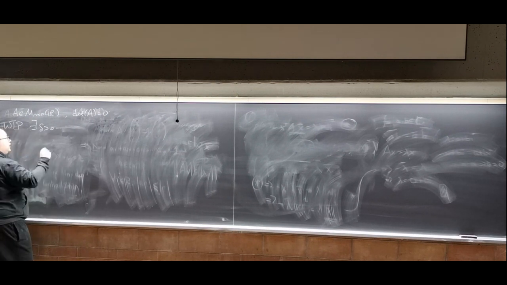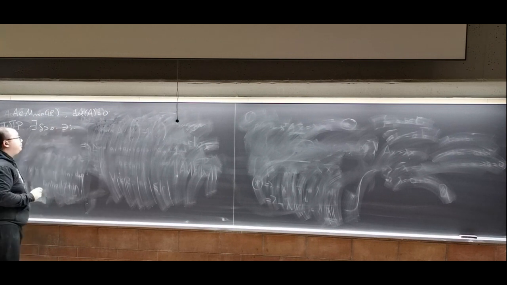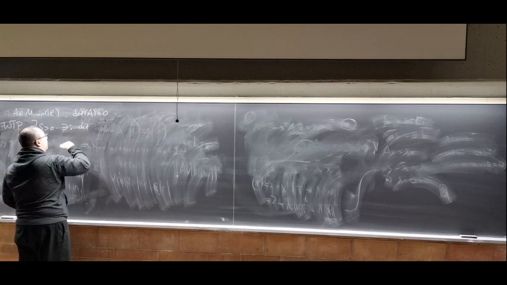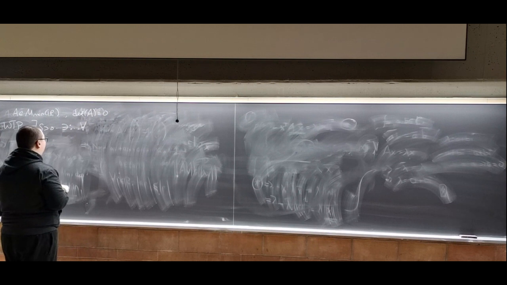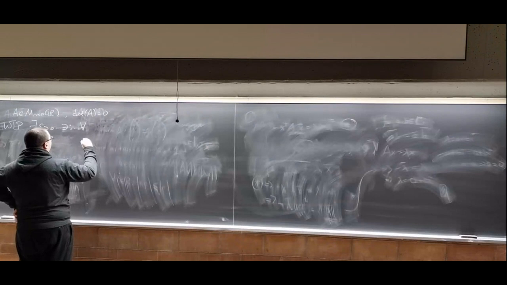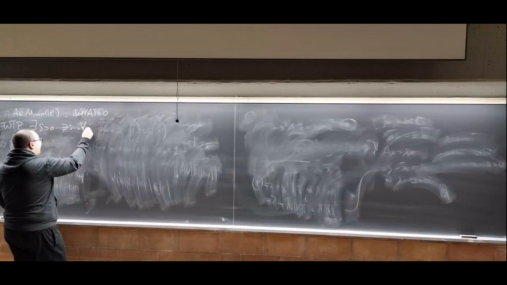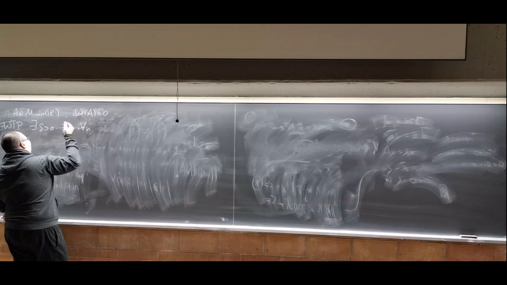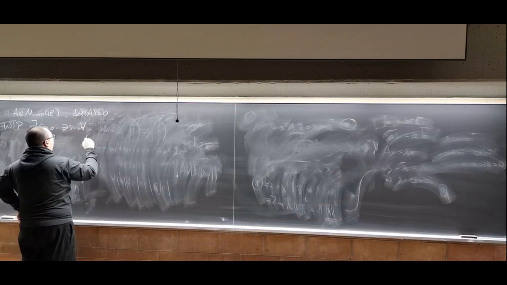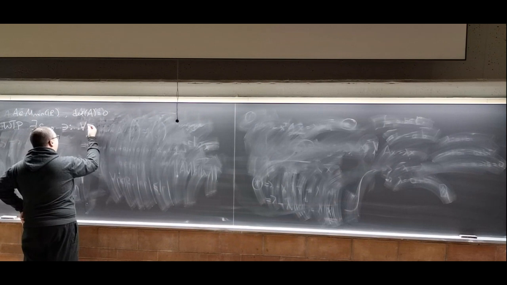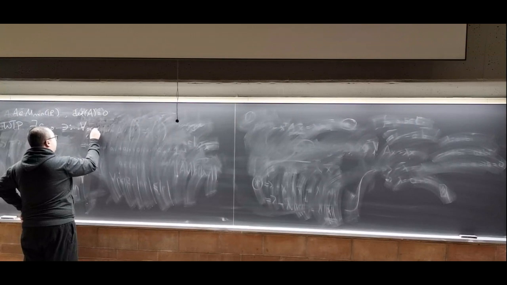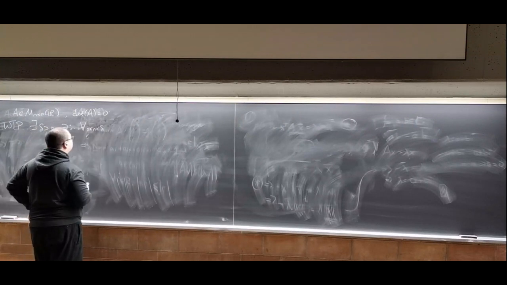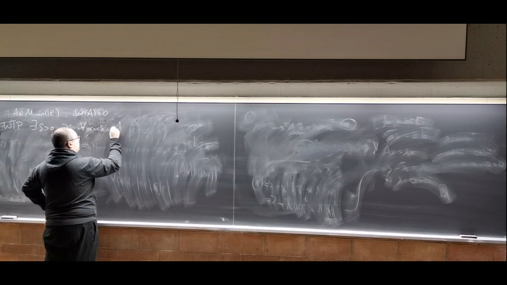So there exists a delta greater than 0 such that for all n between 0 and delta, A minus n I is not singular.